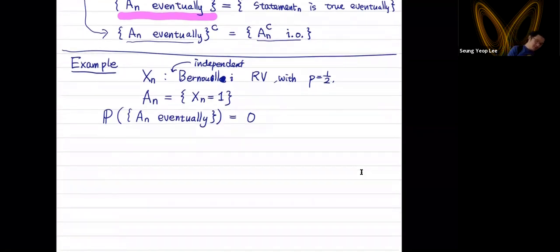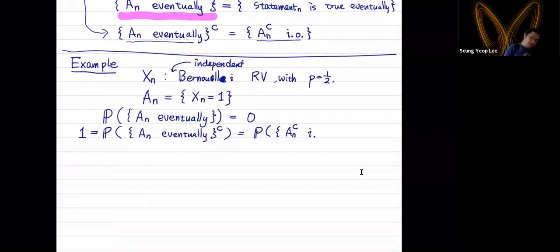Which means the complement of this one will have, of course, probability 1. If a certain event has probability 0, its complement will be 1, right? And what was the complement according to the previous statement? It's A_n complement infinitely often.